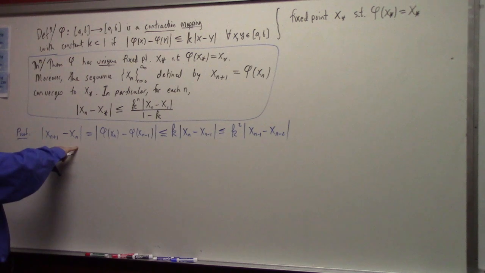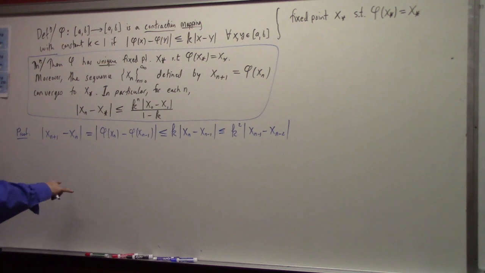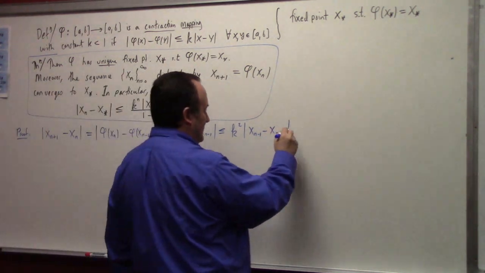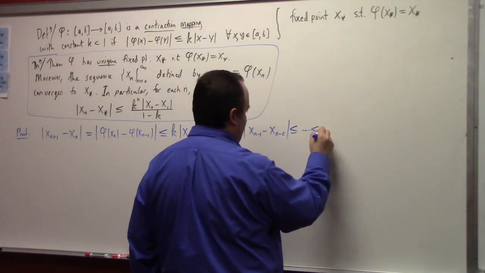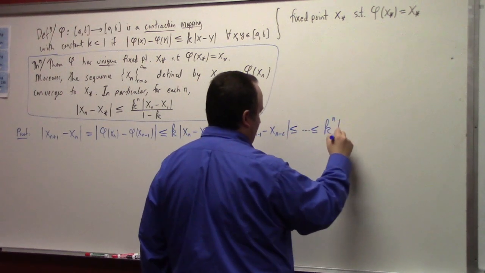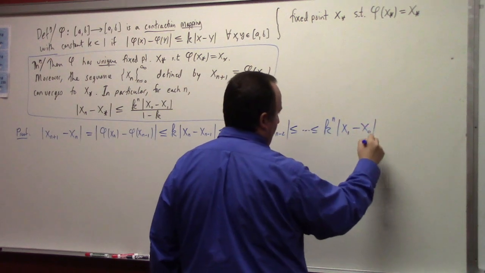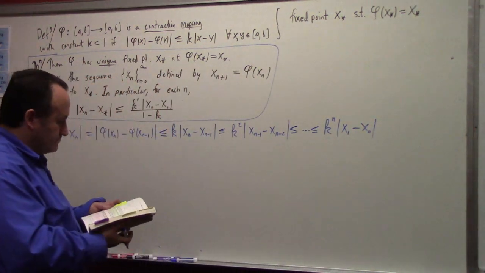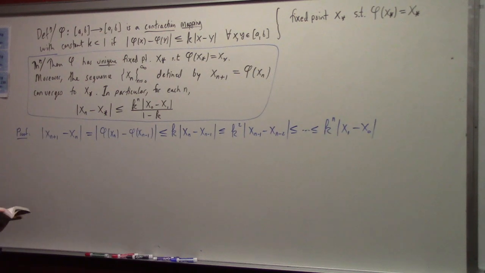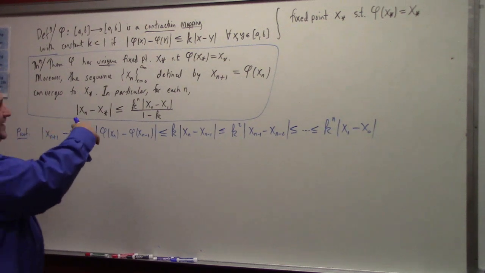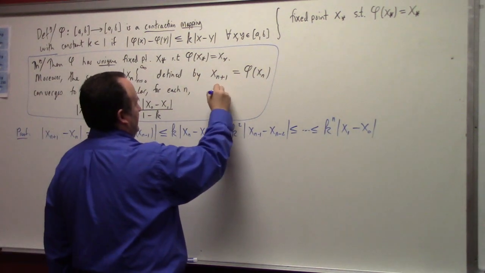And so this keeps going, right? Until eventually you get to k to the power n times the absolute value of x1 minus x0.